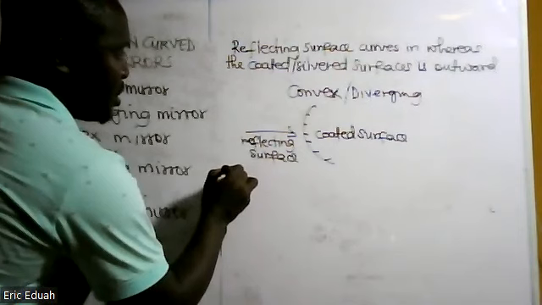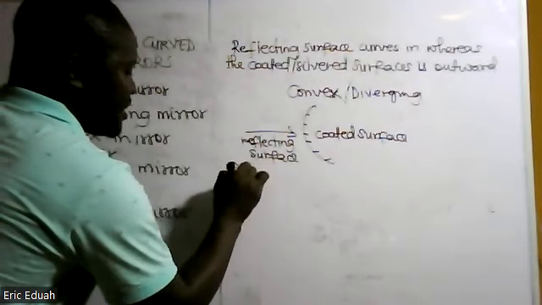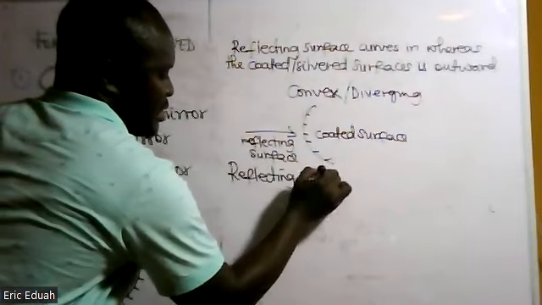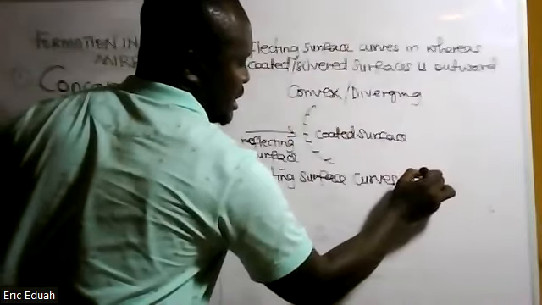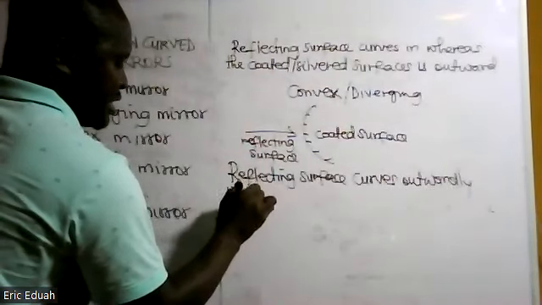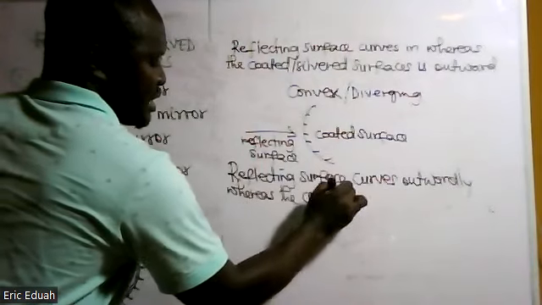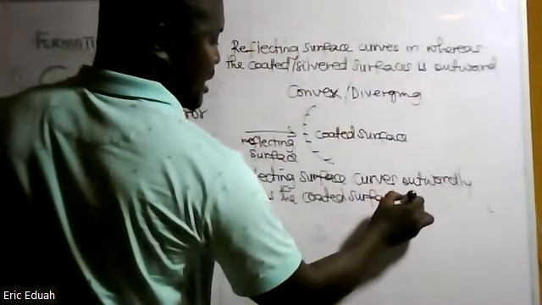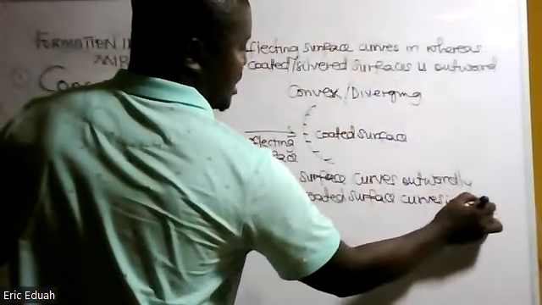So here, the reflecting surface curves outwardly, whereas the coated surface curves inwardly.